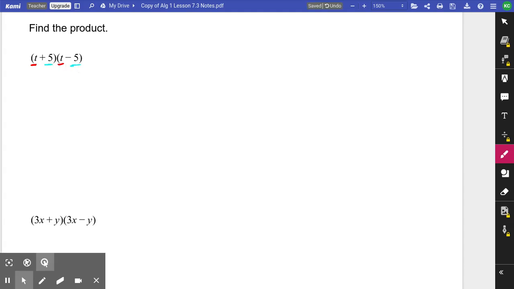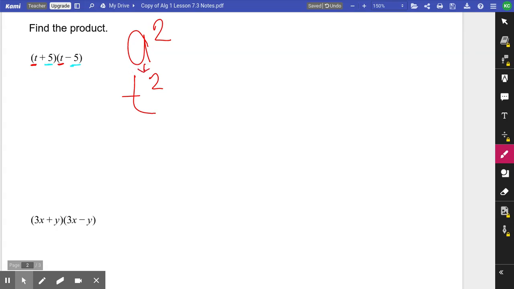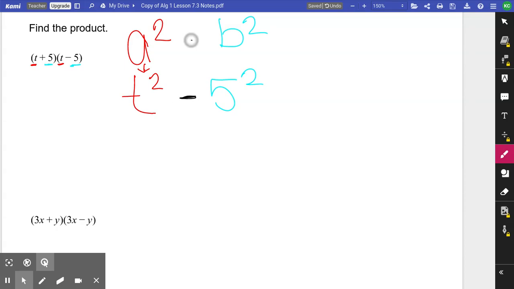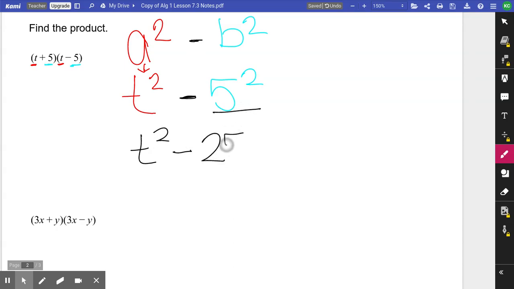So I'm going to take my a squared. Okay, so t squared. And then I'm going to take my b squared, which is 5 squared. And now I'm going to put my minus sign in the middle of it. And so it's going to turn to t squared minus 5 squared, which is 25.